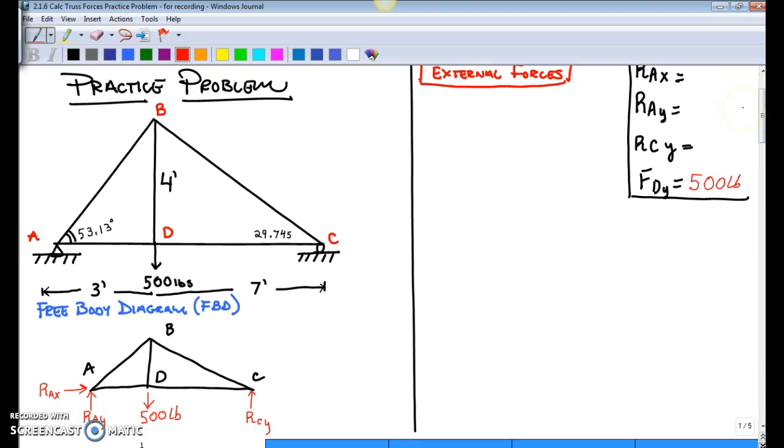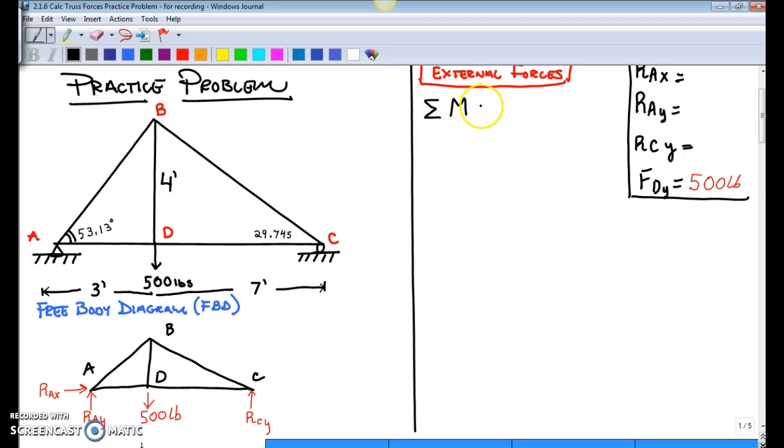External forces are these reaction forces and the given 500 pounds. In order to solve them, we calculate the sum of our moments. So how are we going to know where to start?